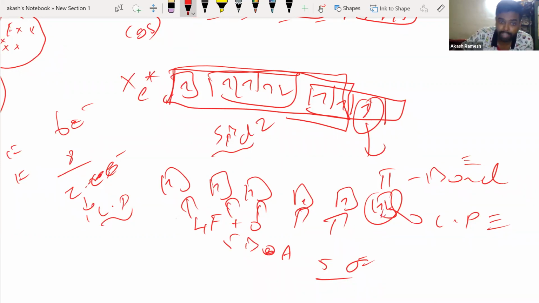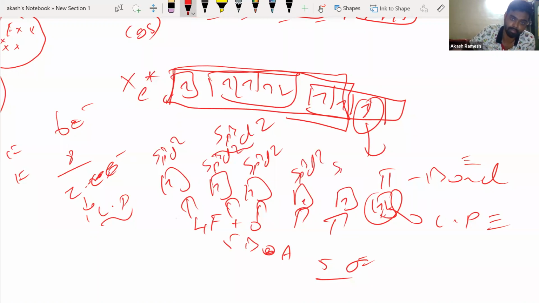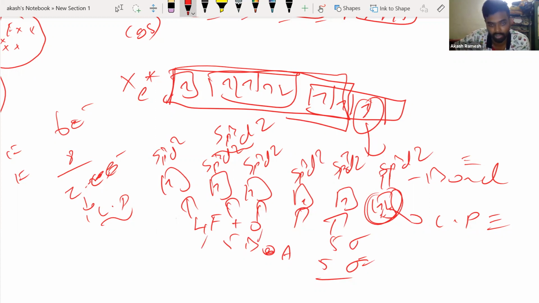All these are sp3d2s. This is also an sp3d2, right? So now in the 6 sp3d2s, one of the sp3d2s has the lone pair, and the other 5 sp3d2s are responsible for 5 sigma bonds. That's it. That is, these hybridized orbitals will overlap with the atomic orbitals of 4 fluorines and 1 oxygen, head-on overlap to form a sigma bond.